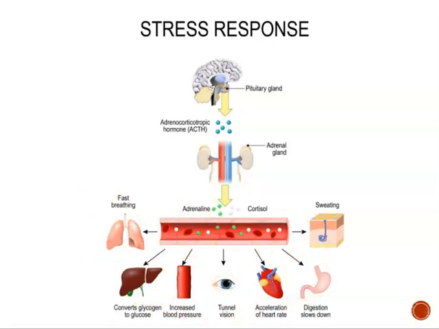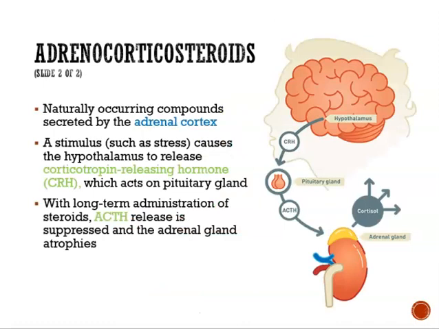The way it actually works is in our brain, we have the hypothalamus. The hypothalamus keeps our body stable. It does this by releasing some hormones. So when we're stressed, for example, the hypothalamus releases a hormone called CRH.